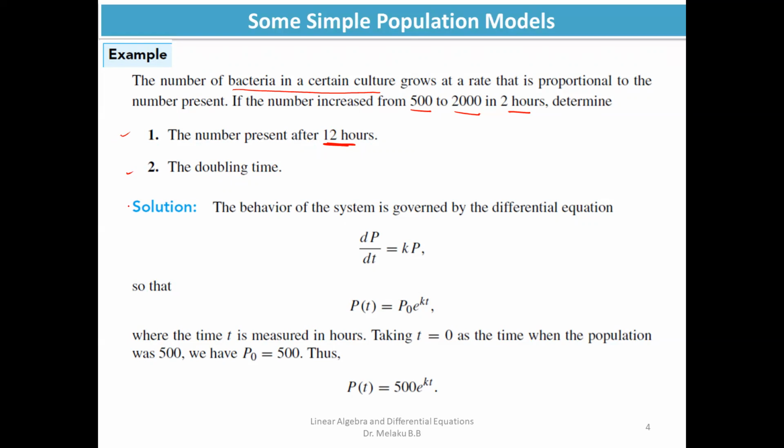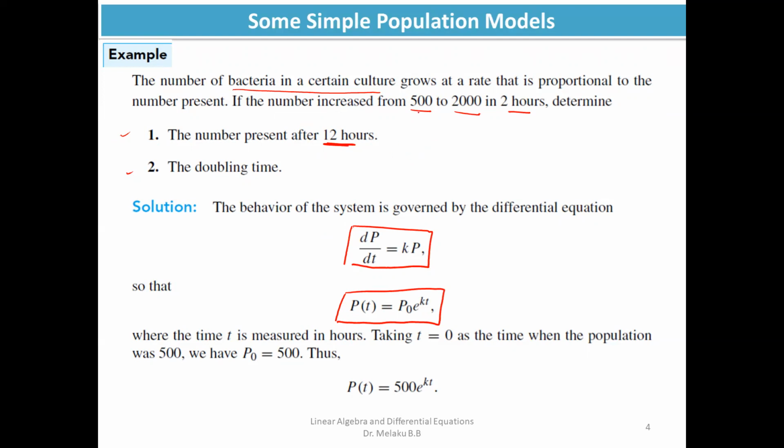So the behavior of the system is governed by the differential equation, that is a Malthusian one. dP/dt is simply equal to kP, and we have seen that this is the general solution. Now it says the number increased from 500 to 2000 in 2 hours, because it is a bacterial population, increasing exponentially, as we have said.